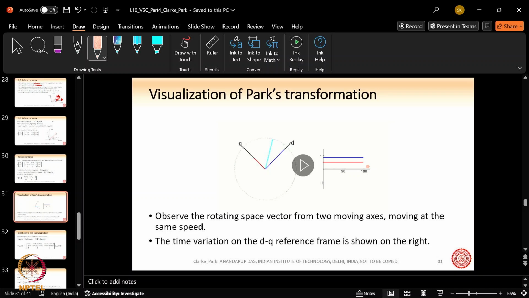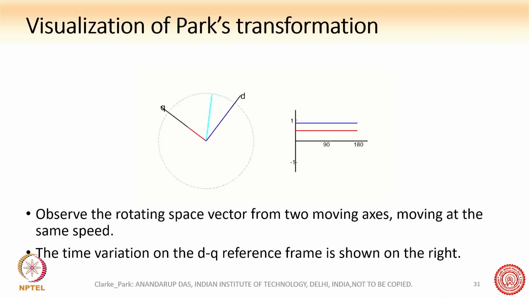On the other hand, when you observe the space vector from the dq axis, we see that they have become DC quantities because of our choice of the dq axis. It is rotating at the same speed as the space vector, so obviously we will see them as stationary, or as a fixed projection.